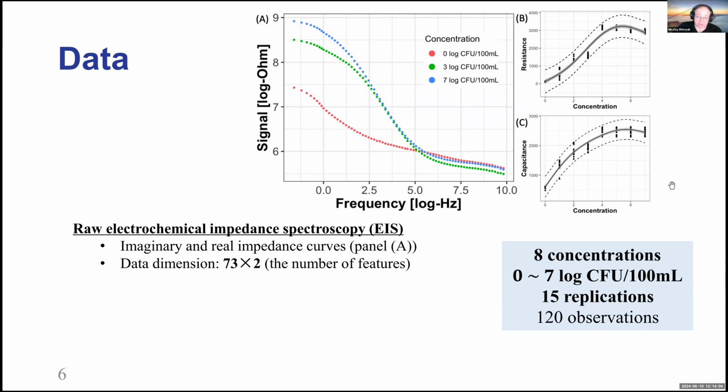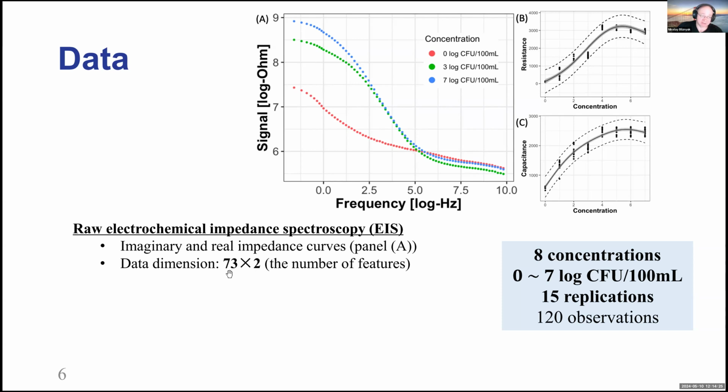What we are trying to do here is to bypass the step of the equivalent circuit model and see if we can use the raw data directly, coupled with statistical machine learning. So now, about the available data, I already told you what an observation is. An observation here is this vector of length 73 times 2.